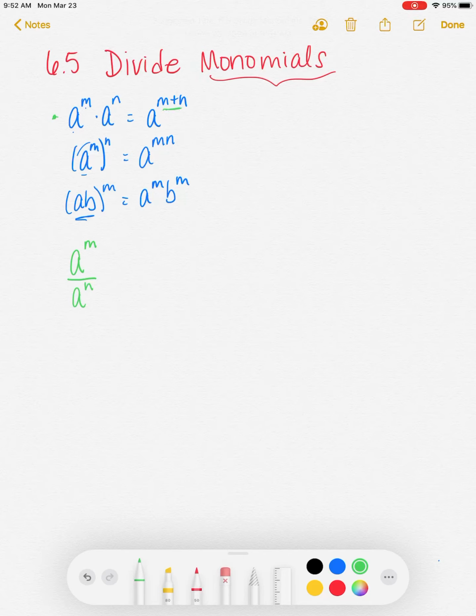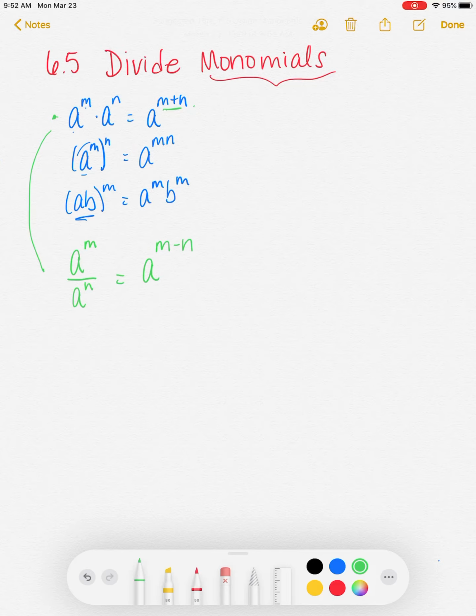Well, the inverse of multiplication is division, so the inverse of addition is subtraction. So we're going to subtract those exponents. Pretty easy.